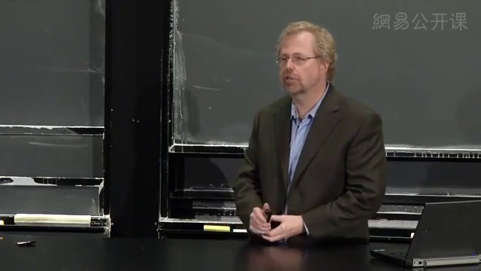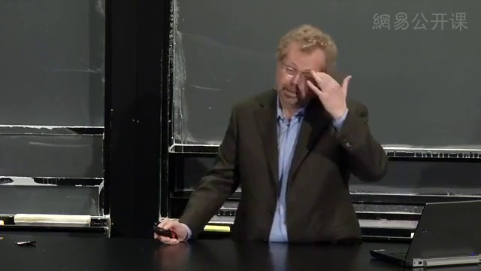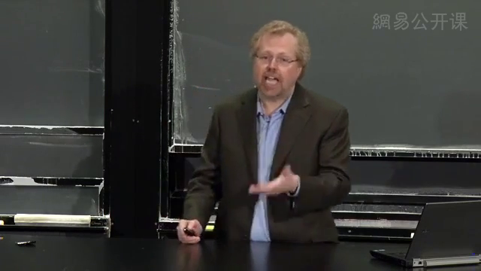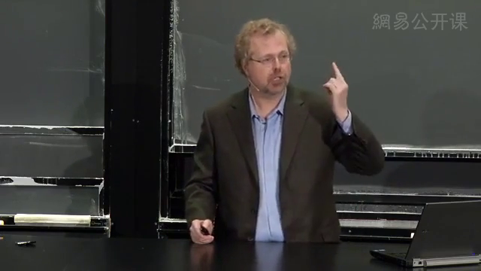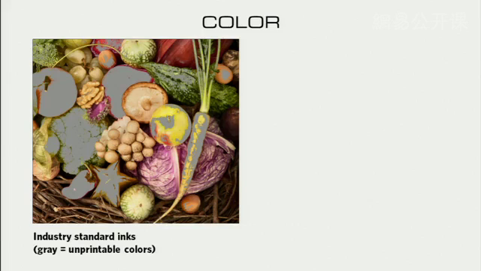We had a big focus on photos in the book, because I thought it was important to show people what food looks like. And people say, God, what camera did you use? Your pictures are so vibrant. So it's not the camera, it's the ink. It turns out you can't represent every color with an arbitrary set of inks. So here's a picture, and where it's gray is a color that ordinary printing inks cannot reproduce.